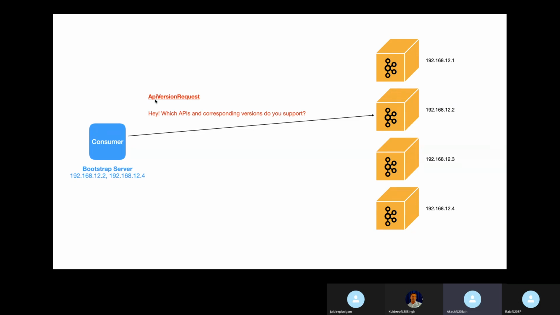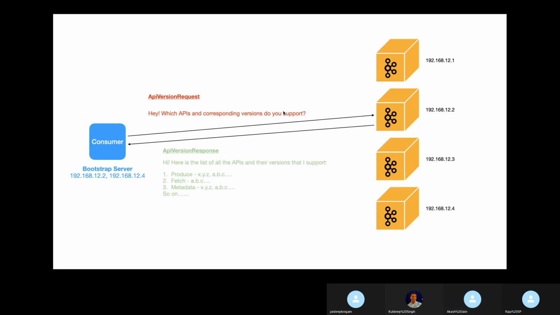It uses an API version request to ask the Bootstrap server which versions it supports, and in response, the broker tells the consumer, okay, I support these requests, and for each of these requests, these are the versions that I support. With this, the consumer is now aware of what API versions it is supposed to use for each of the requests that it may want to make.